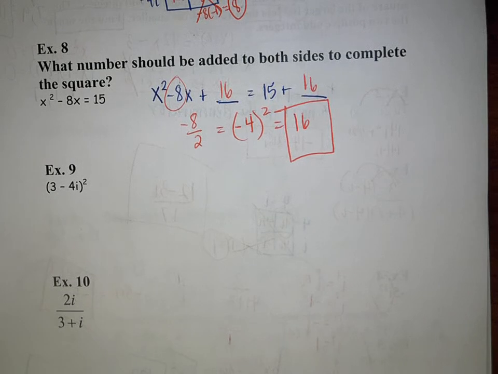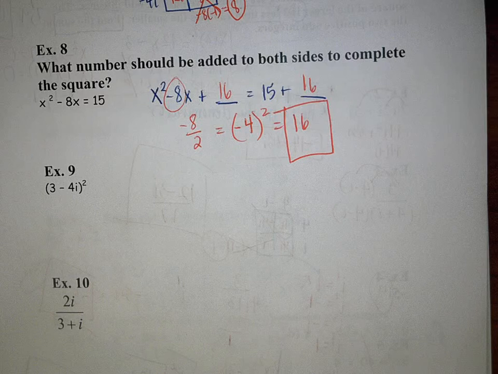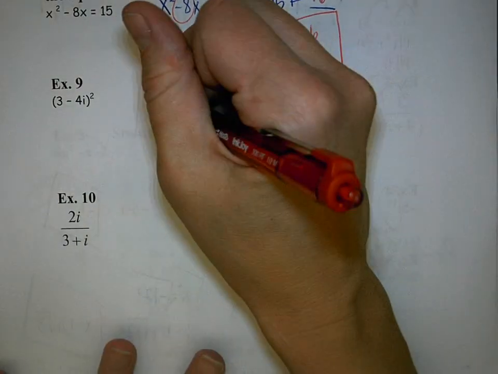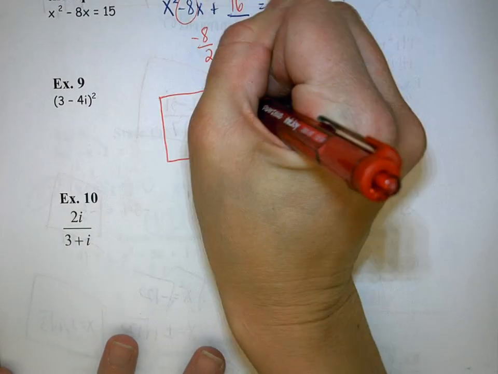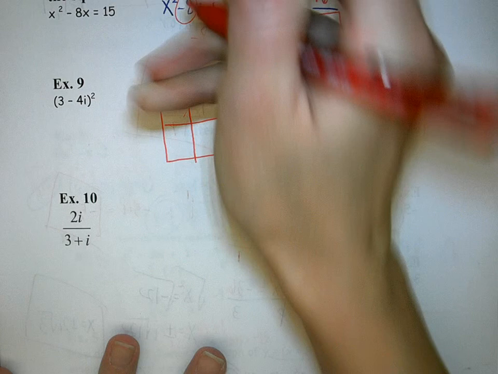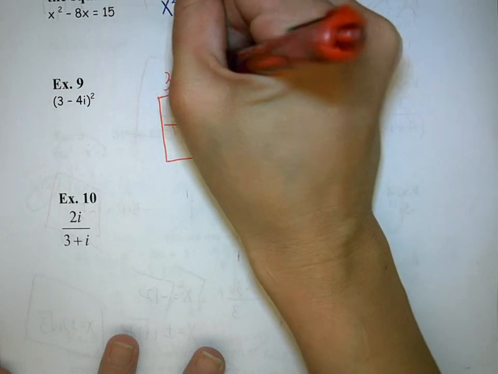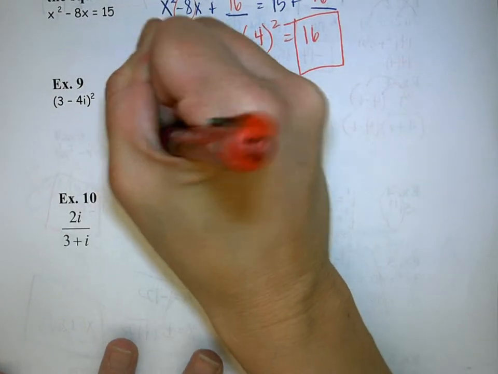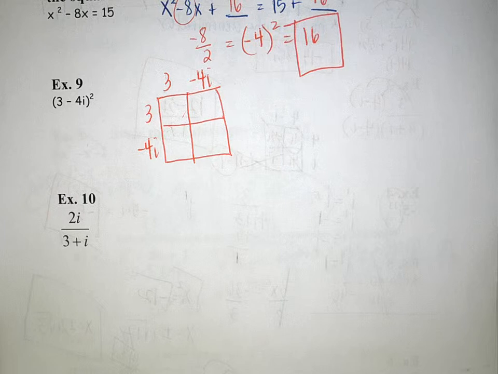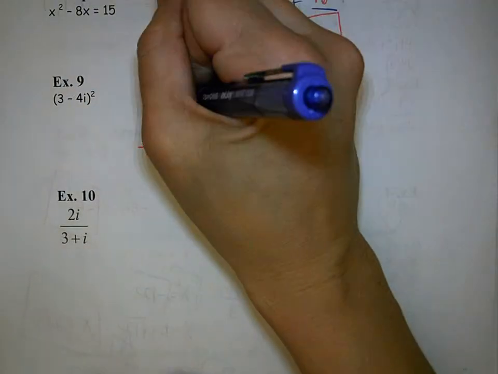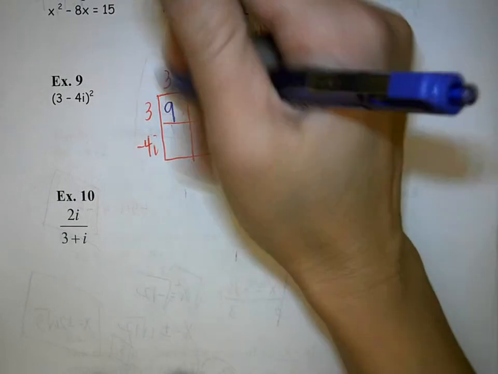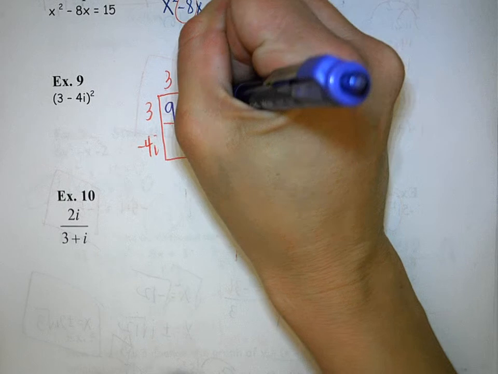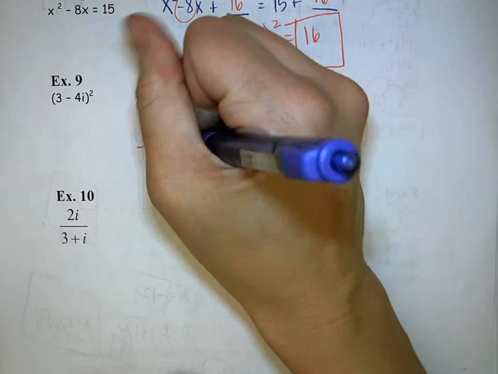Okay, example 9, what are you going to do? Do your box. We'll go ahead and do this together for time's sake. So I have 3 and negative 4i and 3 and negative 4i. When I multiply there, 3 times 3 is 9. 3 times negative 4i is negative 12i. 3 times negative 4i is negative 12i.